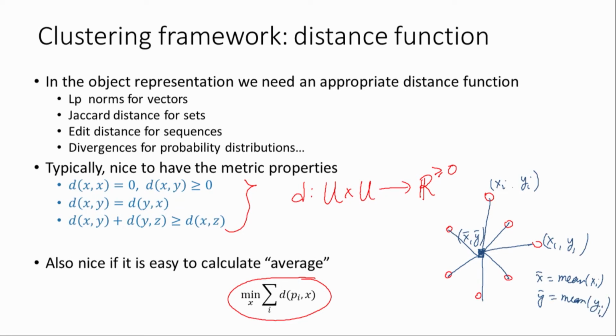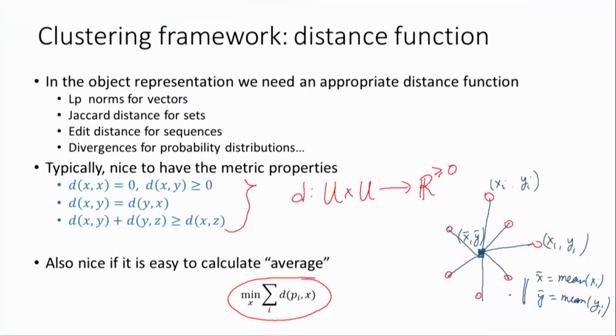The point I'm trying to make is that this is very crucially connected with the fact that we measure distance according to the straight line distance, which is the Euclidean distance. If I were to change the Euclidean distance and measure it with something else, as we'll see, this does not remain true.